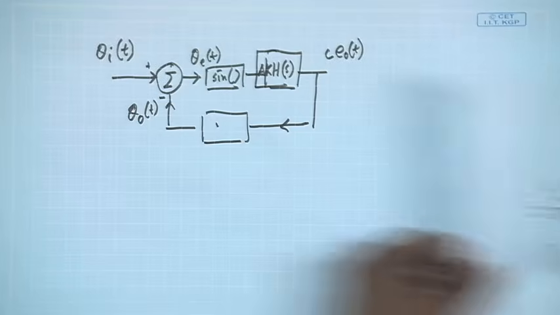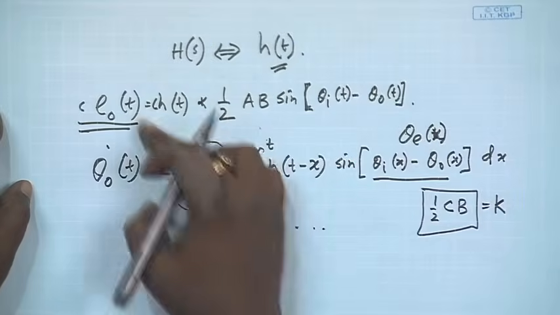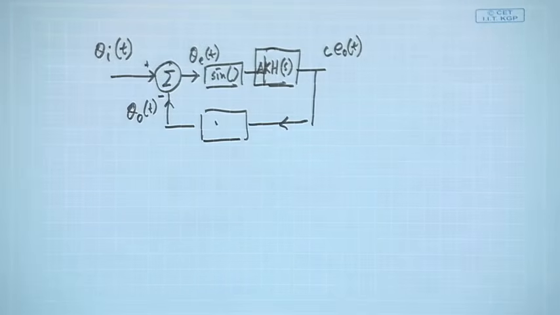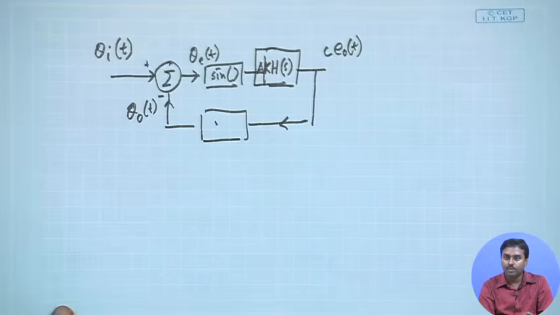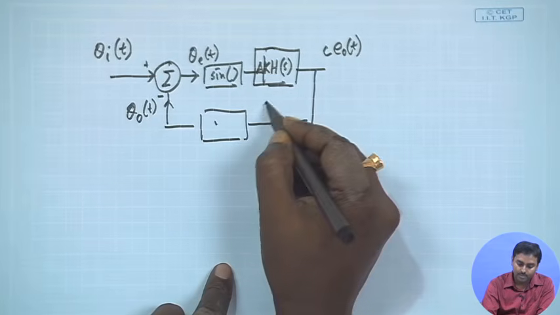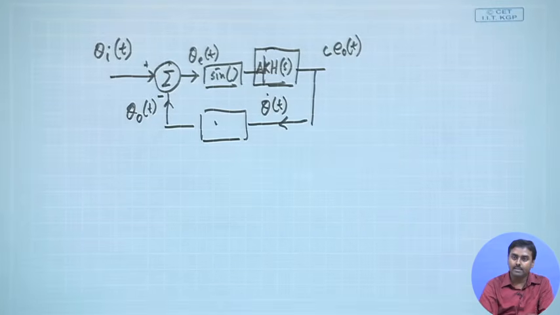That is the error signal, what we have told. So after convolution I get the error signal c e0(t). If this is c e0(t), then what should be the output? That is just the differentiation of the phase, so this must be theta dash.